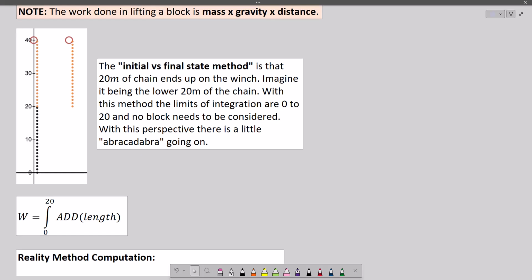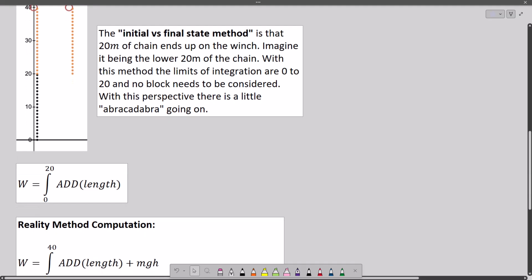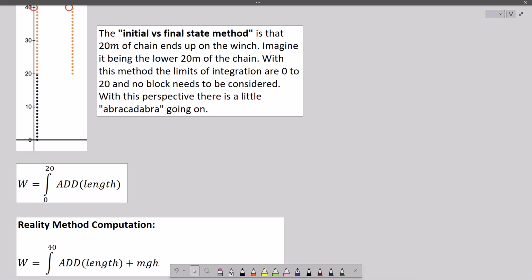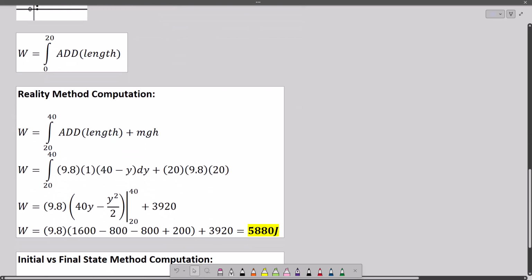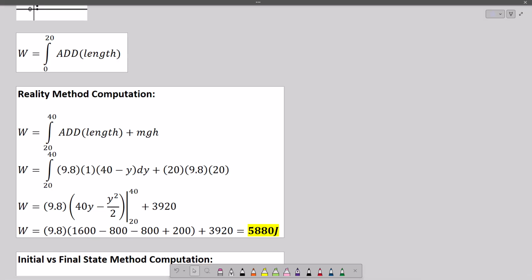So if you do it this way, there's no block. These things are just left dangling, they don't move at all. And through some abracadabra business, you can say it's just these 20 that are going to move. So here's the reality method, the integral plus the mgh.